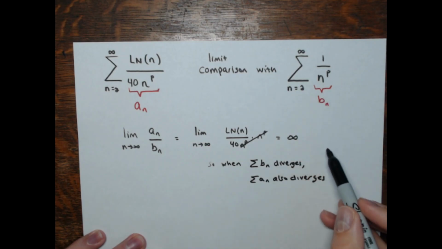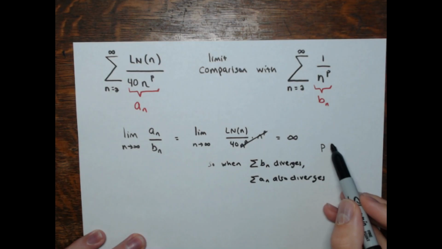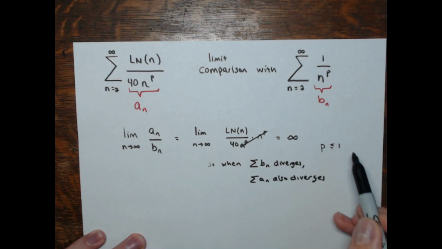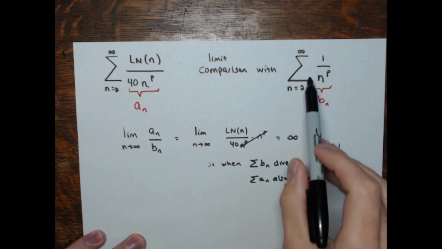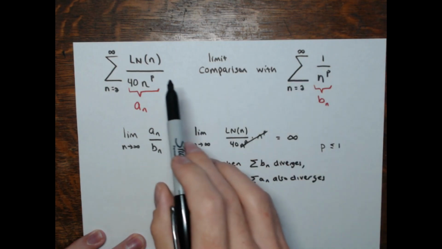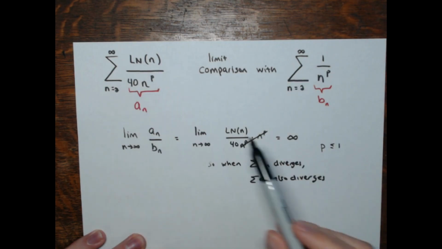Well, these diverge when p is less than or equal to 1. Right? So I know for a fact p's got to not be this. Because if p is less than or equal to 1, then this series will diverge, and so will this.